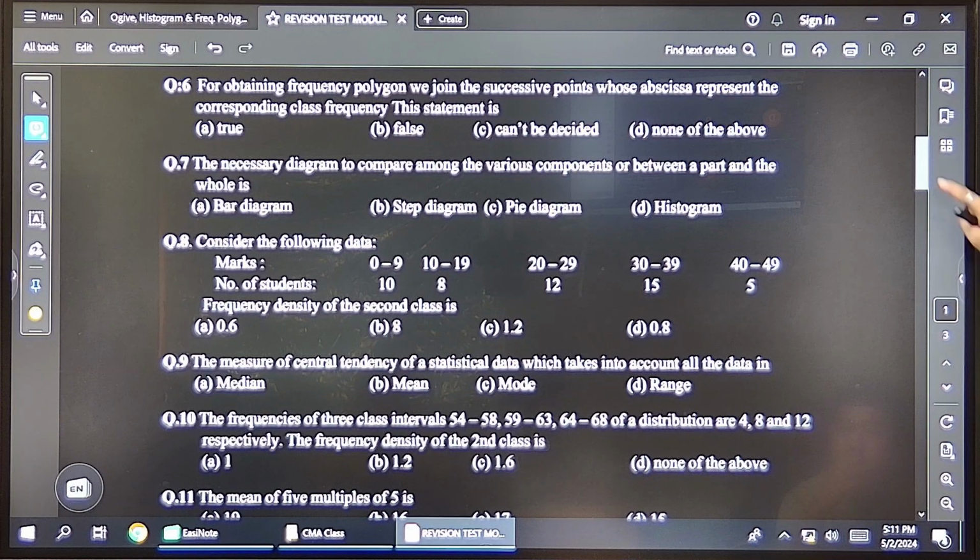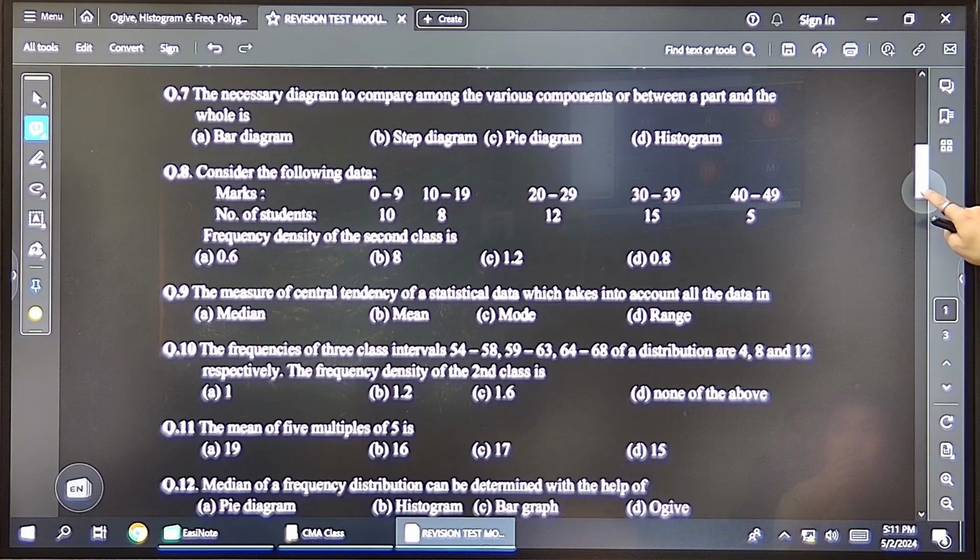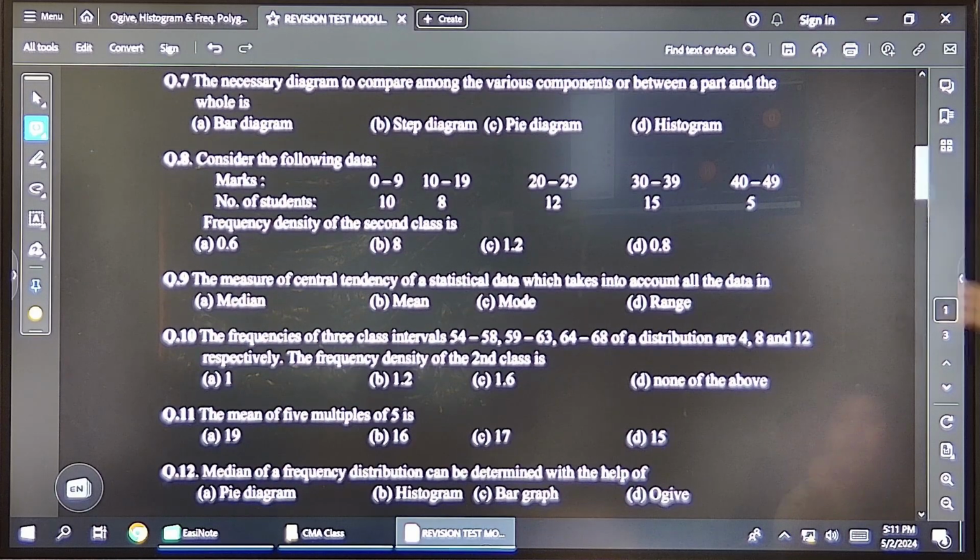6 is over? Yes or no? Try up to 12. I think 2 more questions are there.